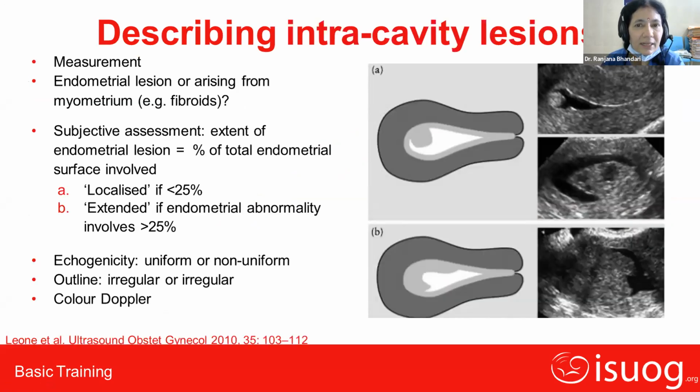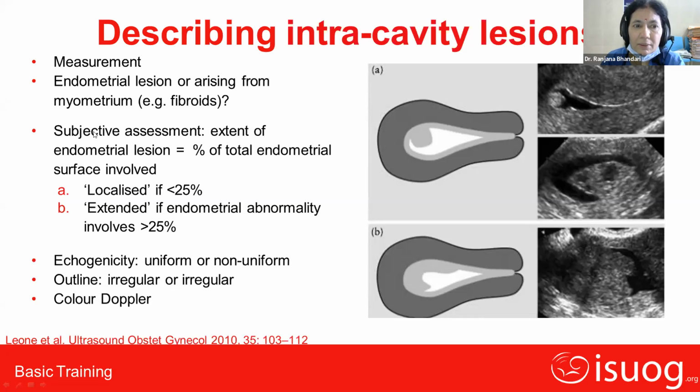And how to describe the intracavitary lesion? First we have to take the measurement. As in all cases, it is in 3 orthogonal planes: sagittal means longitudinal, anteroposterior, and then width. All the endometrial lesions should be shown, as well as those arising from the myometrium.